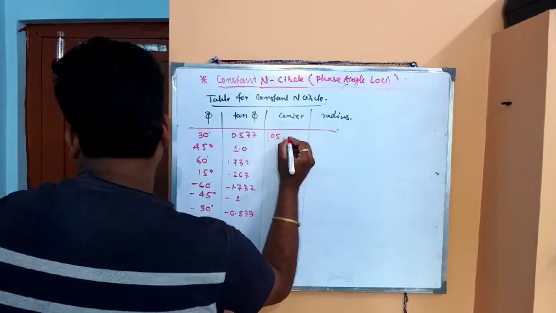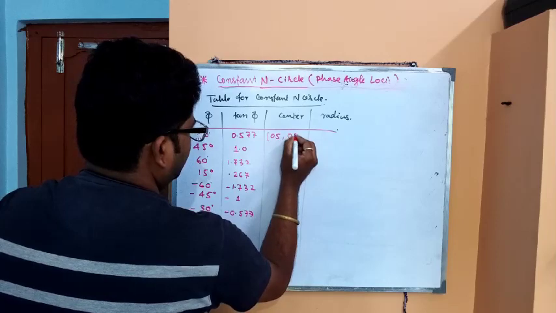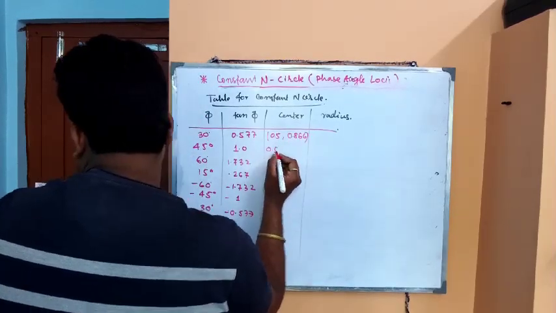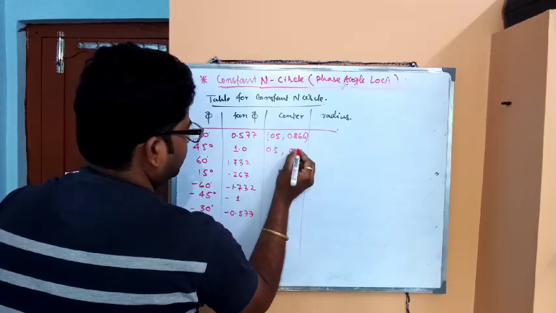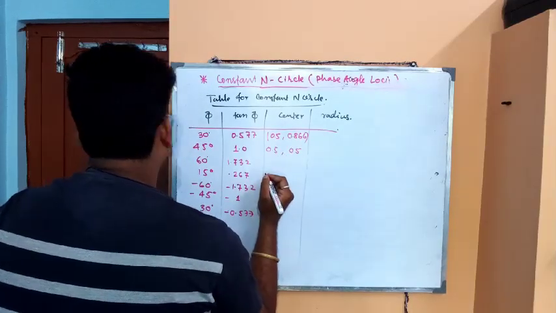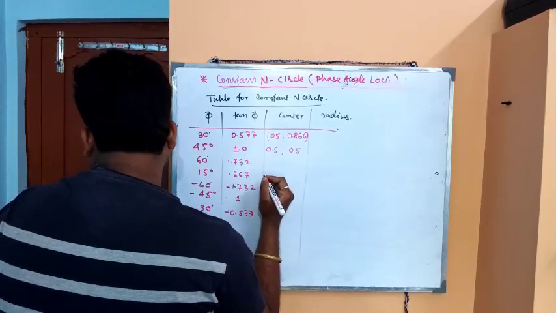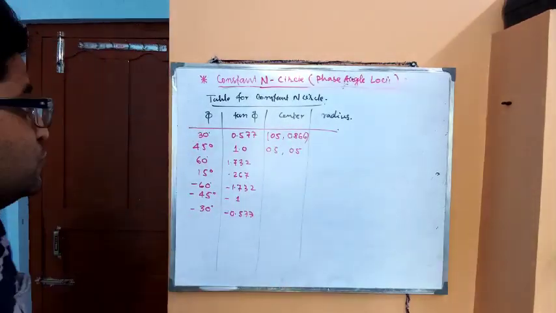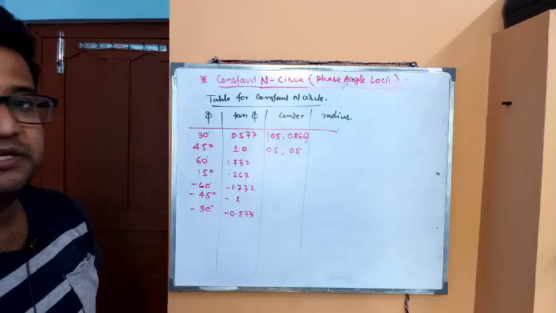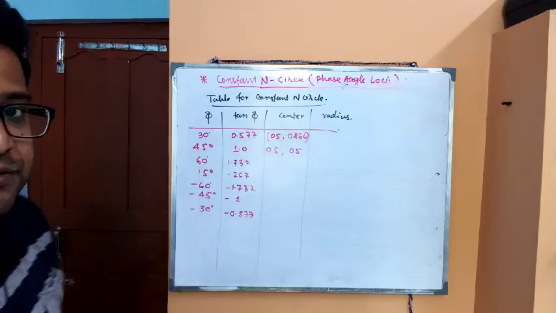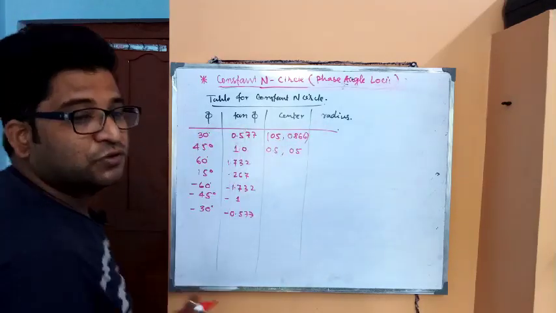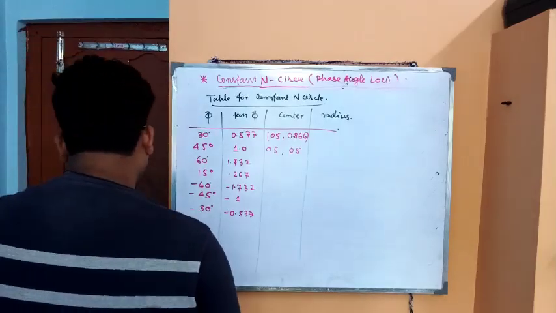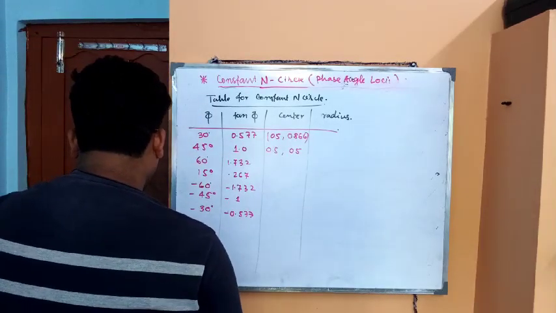So for the first value it is 0.5 comma 0.866, then 0.5 comma 0.5. We have considered n is equal to tan of phi, so this tan phi value should be placed in the expression of center and radius in place of n.